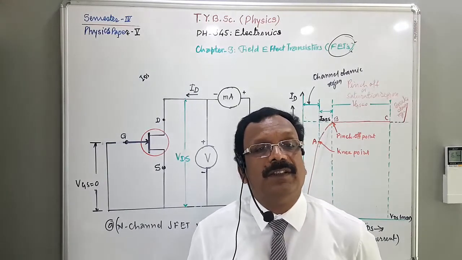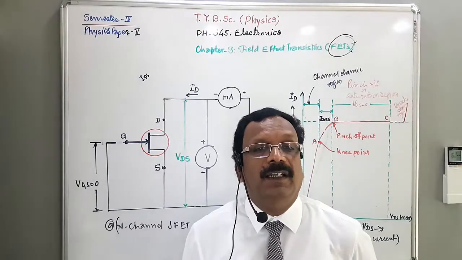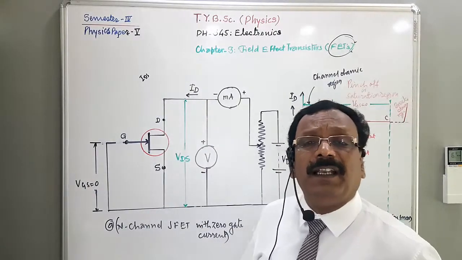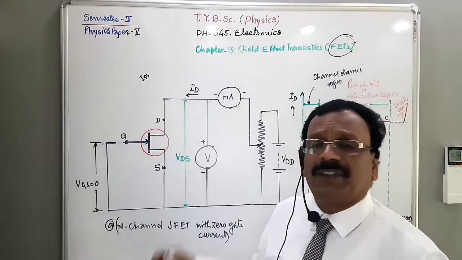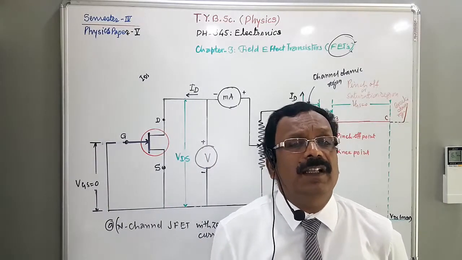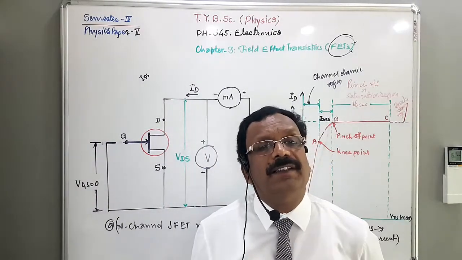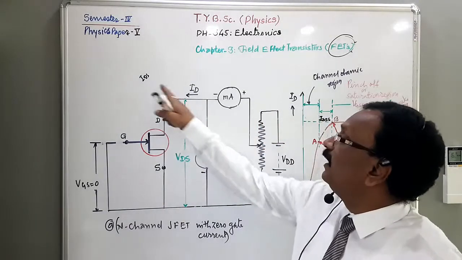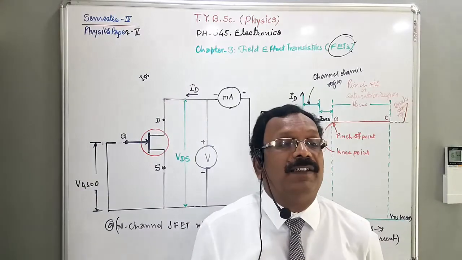These constitute the drain current ID, and its conventional direction is indicated from drain to source. The value of drain current is now maximum, and this current is designated as IDS, saturated drain current.